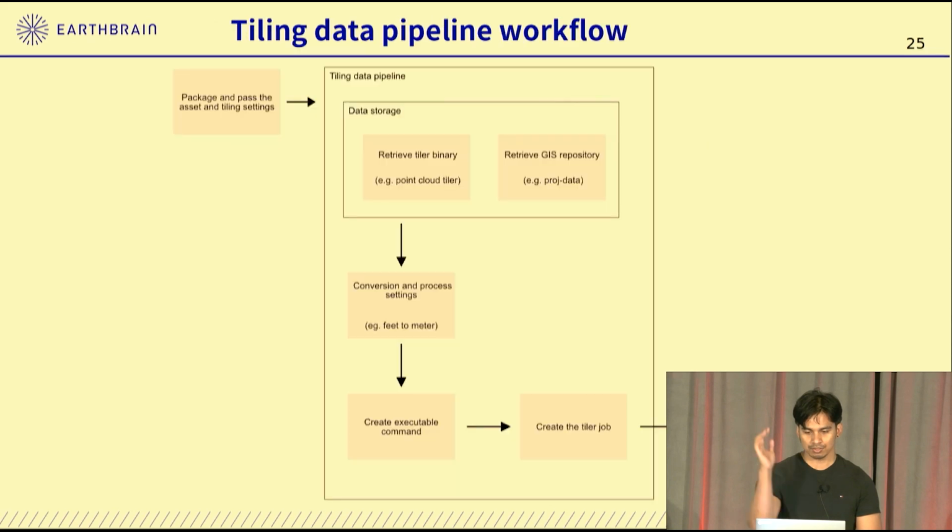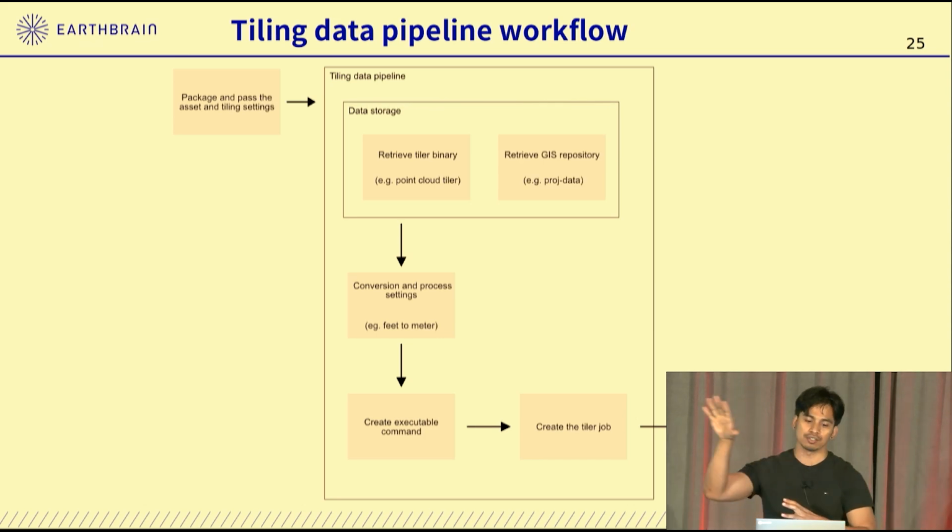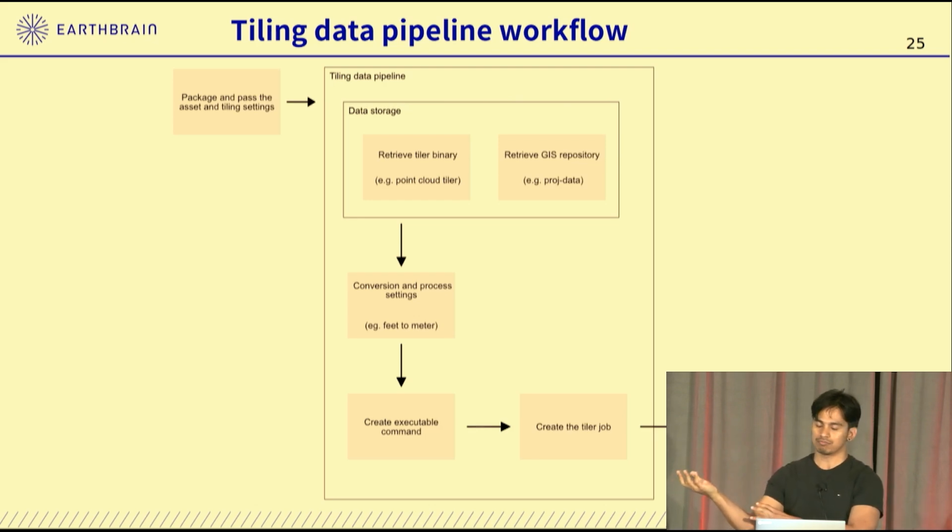Let's go through the workflow. Going from left to right, in the beginning, once we get all the information, we go into the tiling data pipeline, where we store all of our tiling binaries, which are written in C++. We also get the GIS repository, which is the project data used for storing the GIS data.